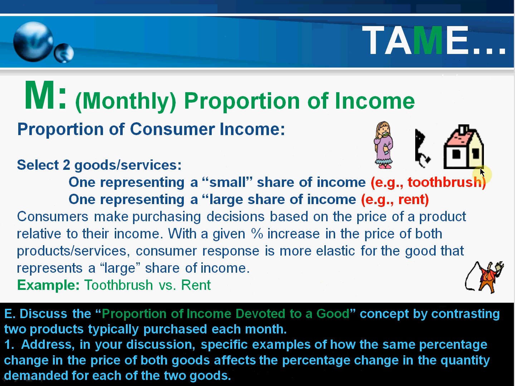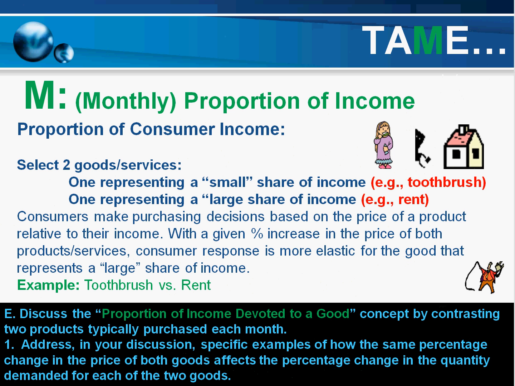Now, in regards to rent, even though it went up by the same percent, 50%, which renders it now at $3,000 instead of $2,000, it's very unlikely that Susie will be able to pay for rent because the price shock came within the constraint of a product that represents a large or larger share of her income. What does this all mean?